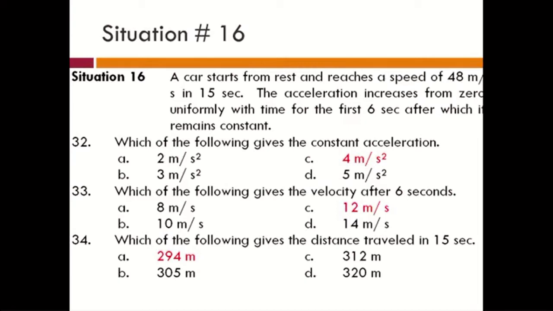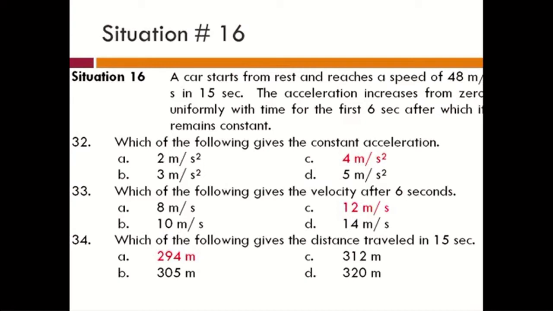Okay? So it says it starts from rest. So that means velocity is 0 at the start. Then 48 meters in 15 seconds. Okay? So what graph can you draw there? The velocity time graph, right? Velocity time graph would happen there. But during that time, the acceleration is not constant. Okay?